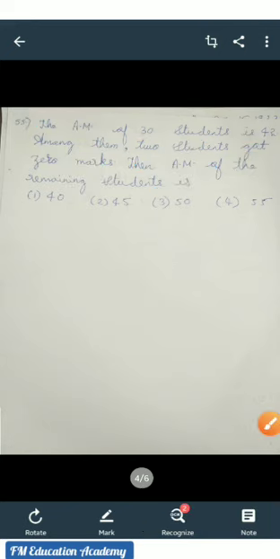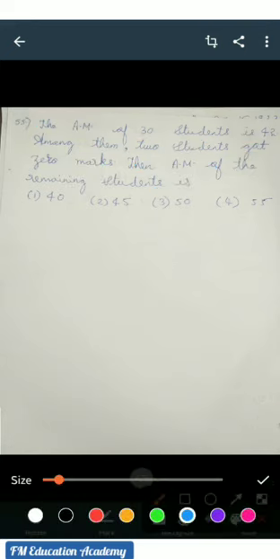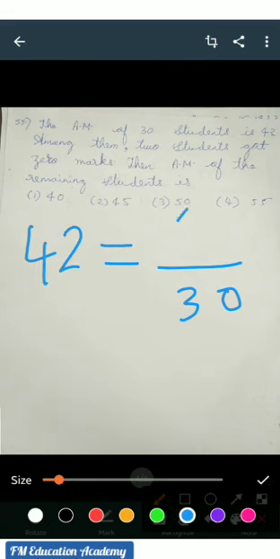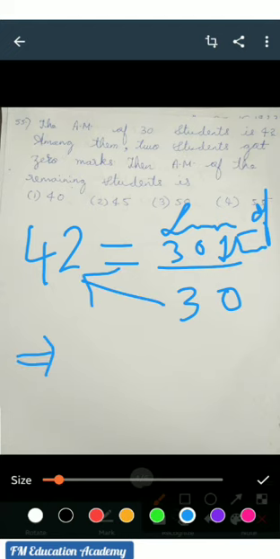So the arithmetic mean of 30 students is given as 42. So the sum of 30 students will be 42 into 30, that is 1260.